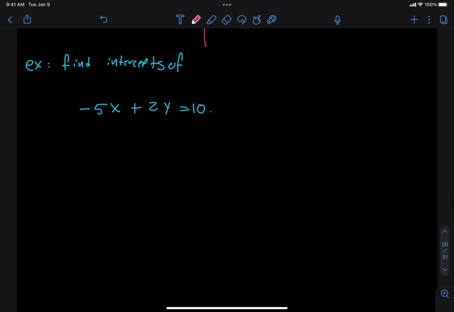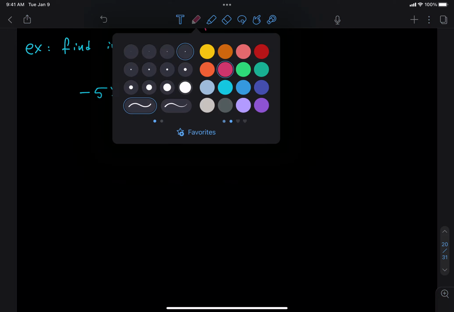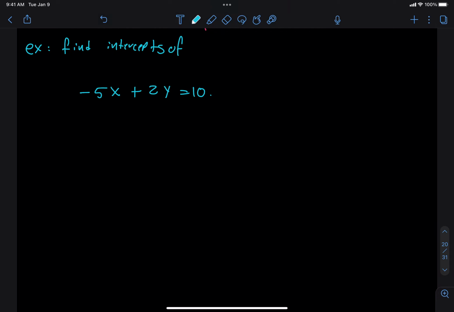So let's talk about finding the intercepts. This is not something new. This is actually a callback to one of our previous lectures. There were two types of intercepts that we could have. One of them was the so-called x-intercepts.